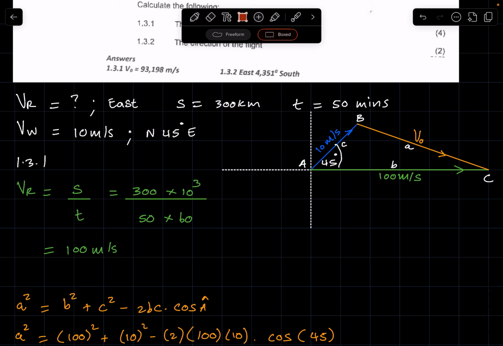Remember, you are told here that the pilot needs to end up directly east. The destination of the flight is directly east. So the question becomes, how must the pilot fly in order to end up directly east, taking into consideration the wind vector? That is how you interpret the story: the pilot must fly in this direction.